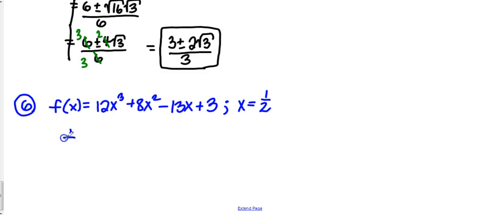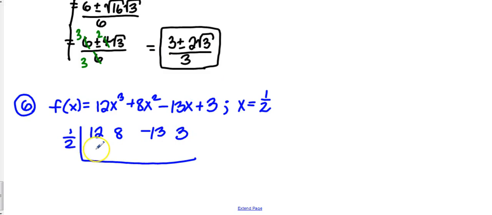The fraction goes outside the box, so I've got 1/2 outside my box. Let's check for placeholders. 3, 2, 1, 0. No placeholders needed. So I've got 12, 8, negative 13, and 3. Everything is the same. We drop that first value, so drop the 12. Let's multiply.